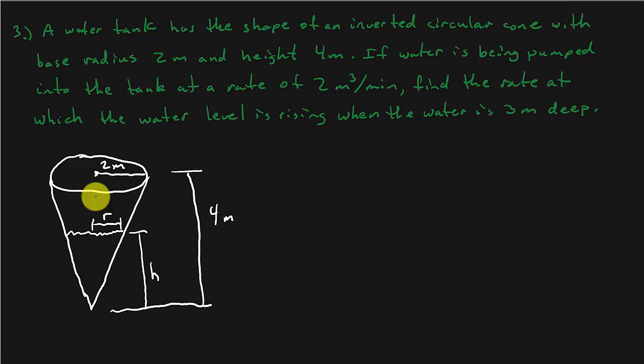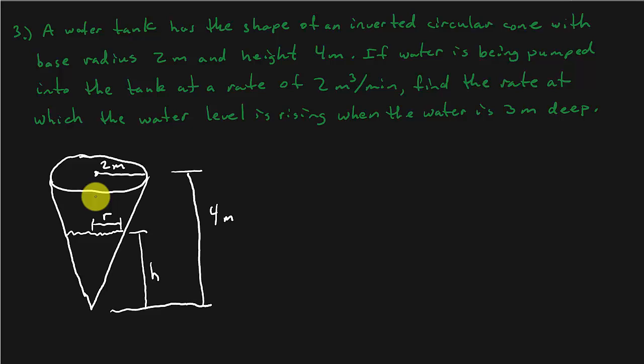All right, so let's write down what we're given, and let's write down what we're looking for. It says a water tank has the shape of an inverted circular cone with base radius 2 meters and height 4 meters. If water is being pumped into the tank at a rate of 2 cubic meters per minute. Okay, so what does that mean?